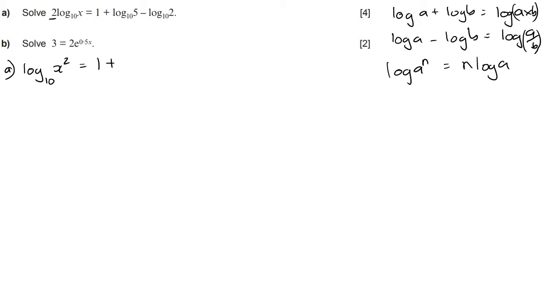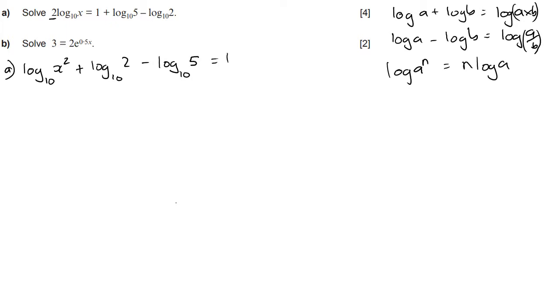What might be better is to bring everything across except for the 1, so that we have plus log to the base 10 of 2 minus log to the base 10 of 5, and that equal to 1.